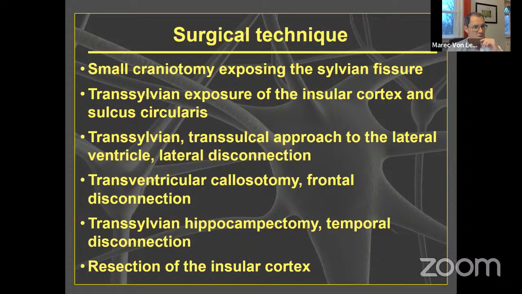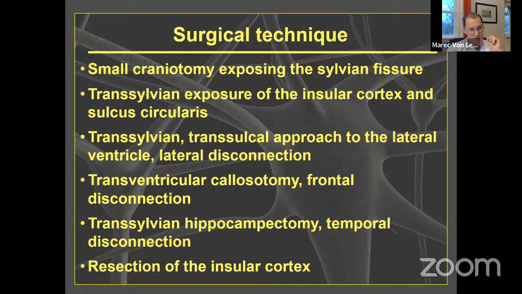With the transsylvian approach, we have an exposure of the whole insular cortex and the circular sulcus. From the base of the insular cortex, we go through the sulcus circularis to the ventricle, from the ventricle through the corpus callosum, and then we are on the mesial aspect of the affected hemisphere.